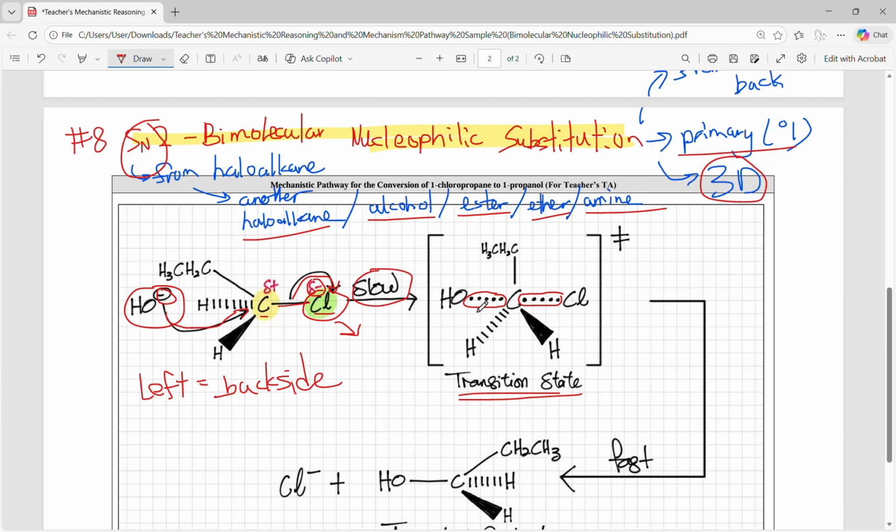We represent them using dotted lines. To represent that the molecule is in the transition state, we need to draw a bracket like this, and don't forget to draw the double dagger symbol here. This symbol is called double dagger.